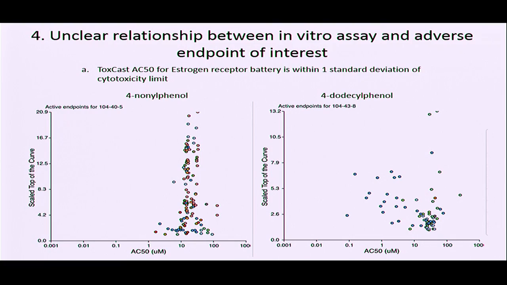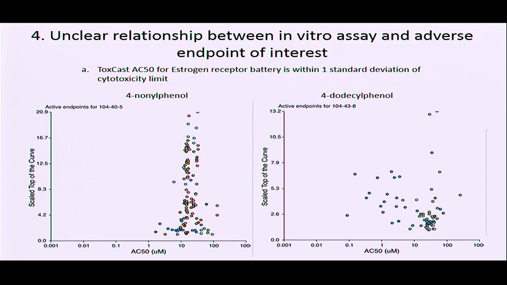So what I'm showing here is these are ToxCast assays that were active, where they could actually calculate an AC50 for nonylphenol and dodecylphenol. And each dot here, the AC50 on the horizontal, and the scaled top of curve, you can think of it as the extent of the effect on the vertical axis.